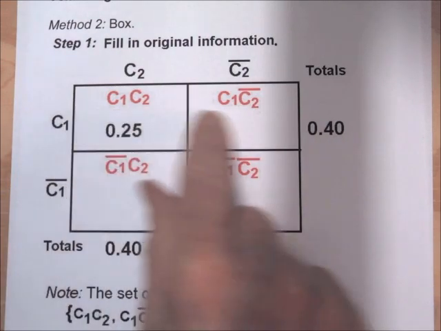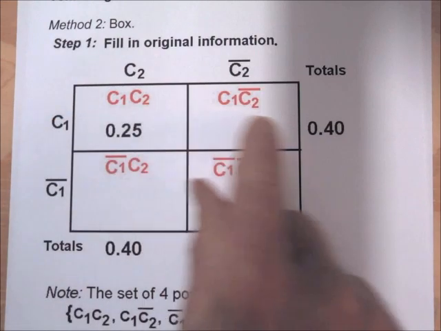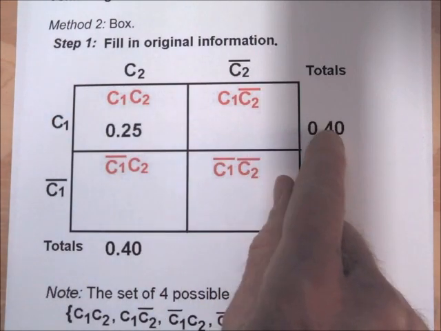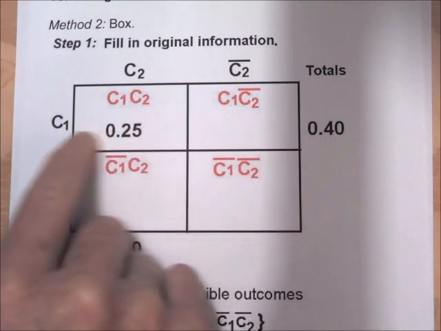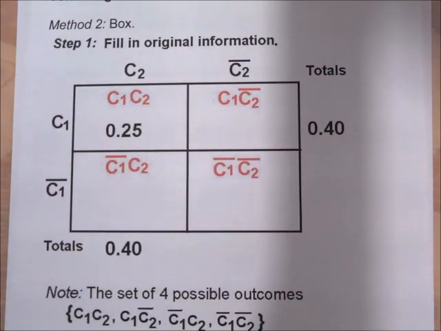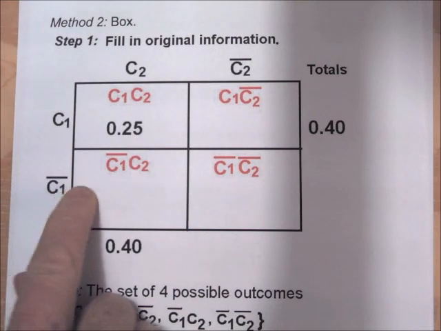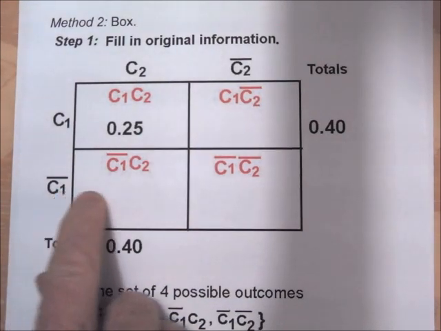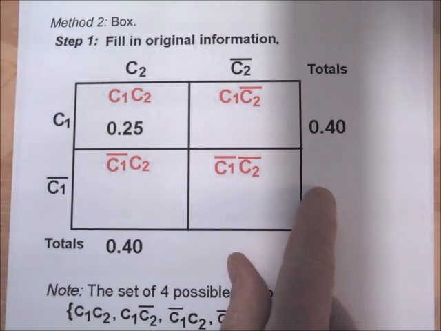Okay, so the row total for child 1 should be 0.4, because child 1 has a 0.4 chance of getting the flu. The second row represents the event the first child does not get the flu.